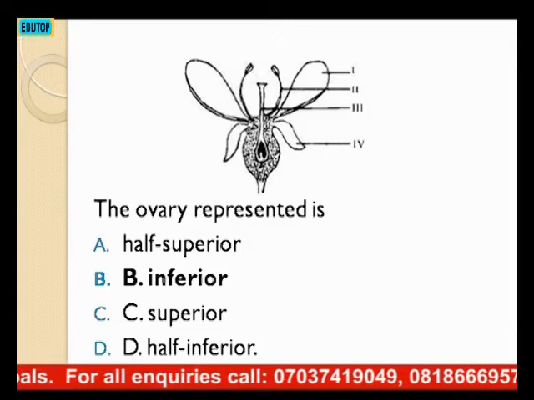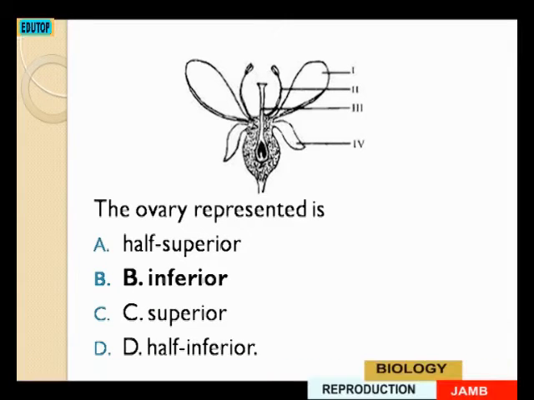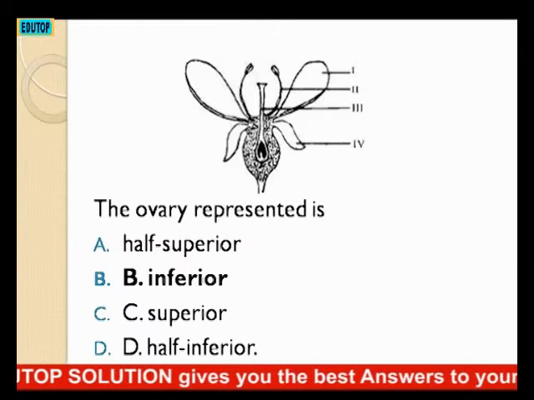The part labeled 3 is the style, while the part labeled 4 is the sepal. And the ovary is not labeled here. The first question says the ovary represented in this diagram is what? A, half superior, B, inferior, C, superior, D, half inferior.